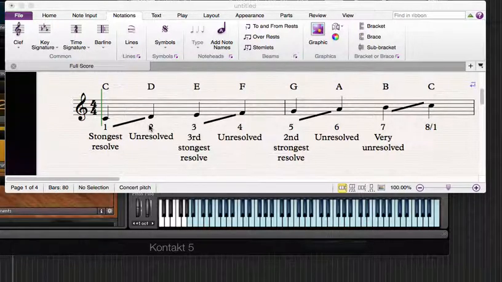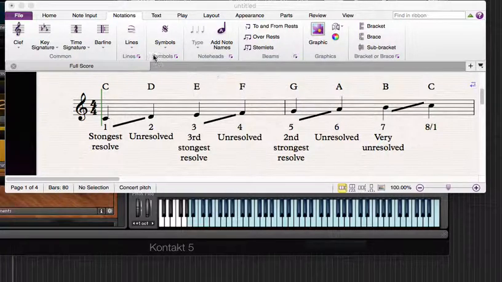And the 6, again, wants to resolve down to the 5. The 7 is a little bit different. As I say, it's very unresolved. It has the most tension with that 1 at the bottom. And it's different because it resolves up, usually to the 8 or the 1 again.